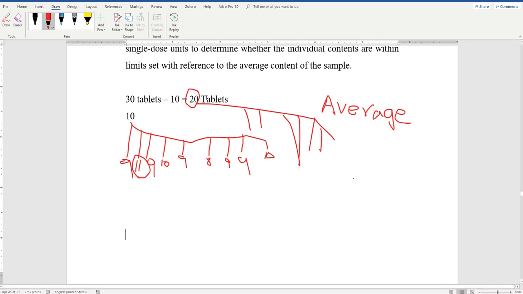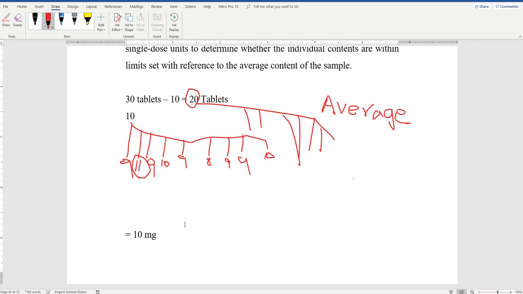First 10 and then 20. So how many readings do you have? You have 30. So now you will calculate the average of 30, which may be different from the previous average. Let's say now it's 10 milligram. Okay?